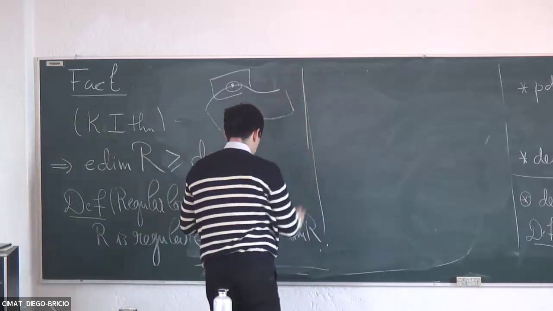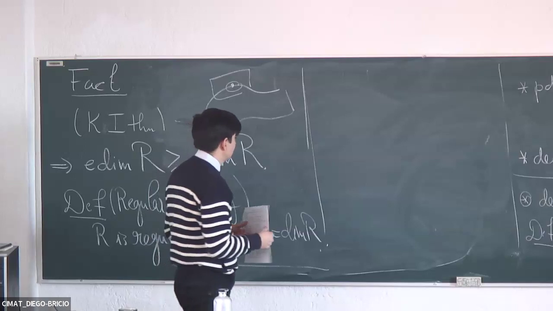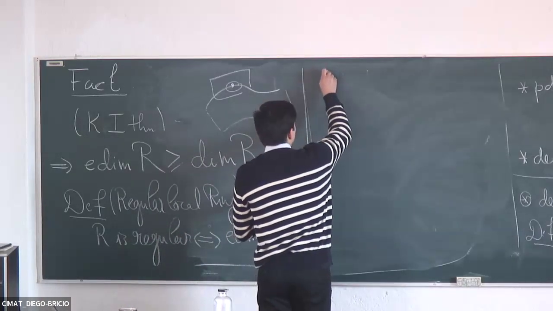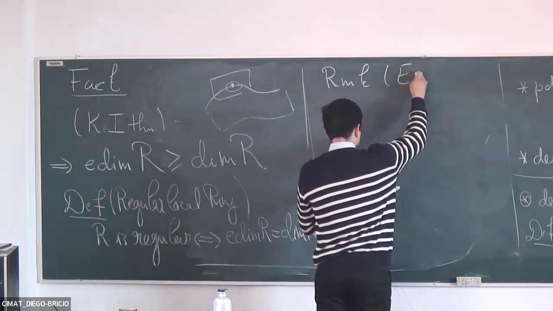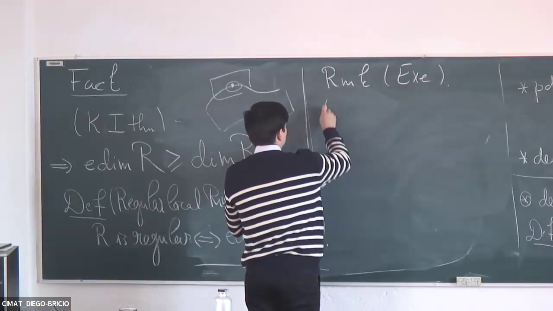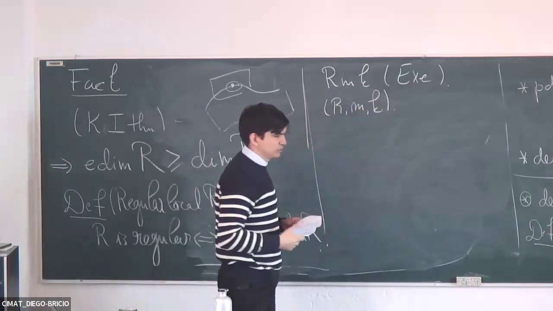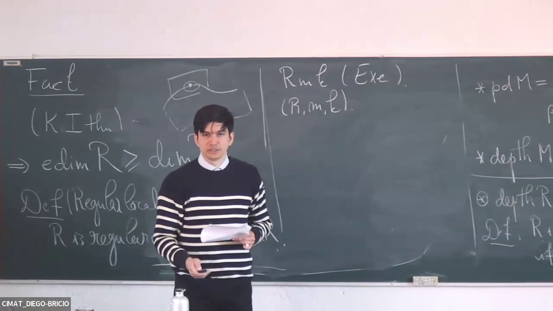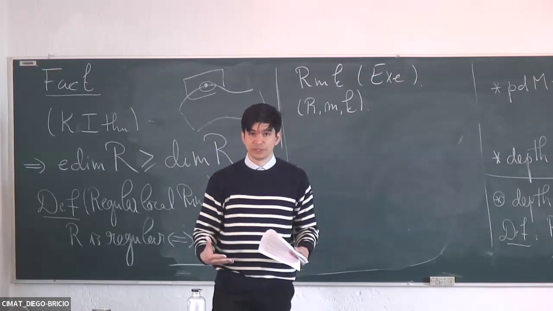Okay, so here is another characterization. Actually, let me remark. I'm going to put it as a remark because it is an exercise that I hope you do. I was telling you earlier how if every system of parameters is a regular sequence, then you are talking about a Cohen-Macaulay ring.